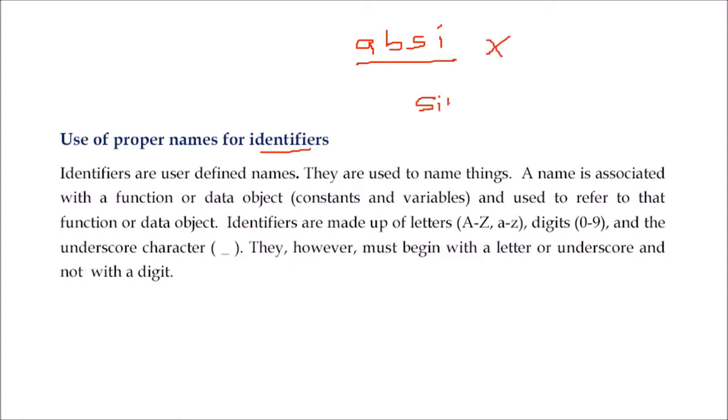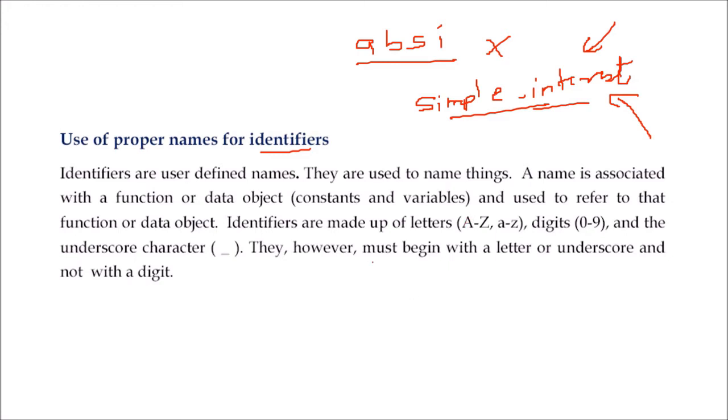But if I write simple_interest, though I took more time in writing this, later on, while I'm debugging it, while I'm maintaining it, simple interest will be the best name, because anybody who understands computers, English, or a little bit about these things will understand, okay, something is going on with this simple interest. The identifiers are those variables that you are going to use to fetch data, to keep data, to store data, and to manipulate data.